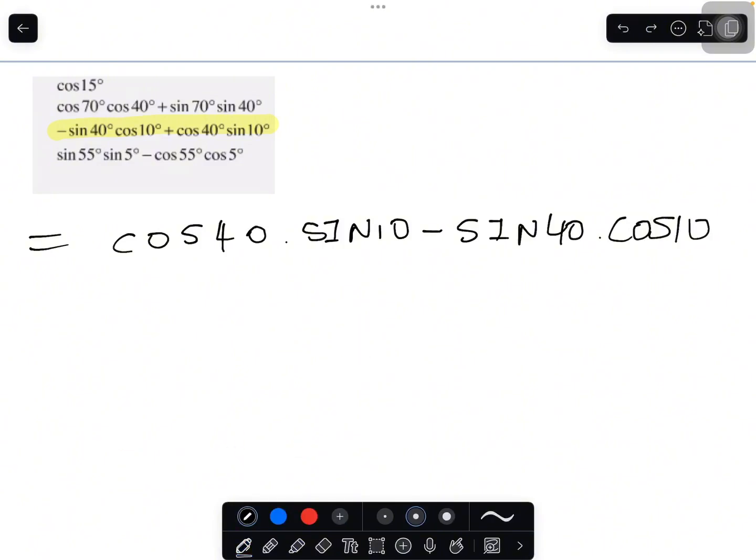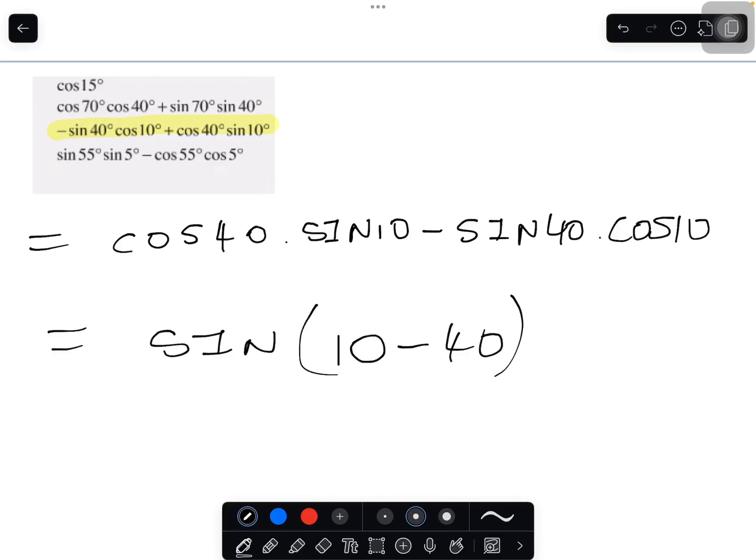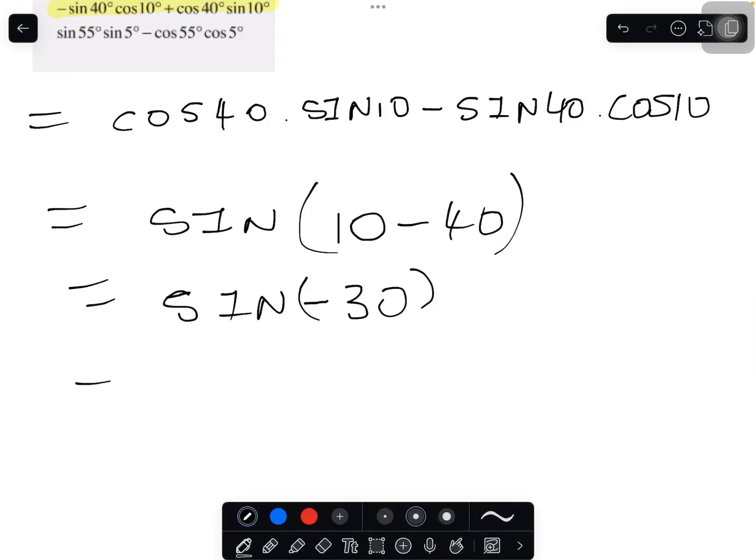So now that you understand that, we can then contract this, and we know we have cos sine, sine cos. We know we're dealing with our sine. We always put the one in the front first. So I have 10 minus 40, which equals sine of negative 30, which now equals negative sine 30.